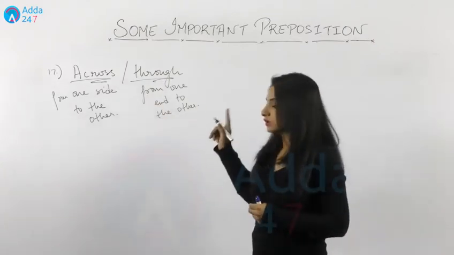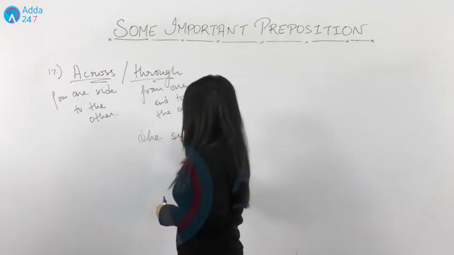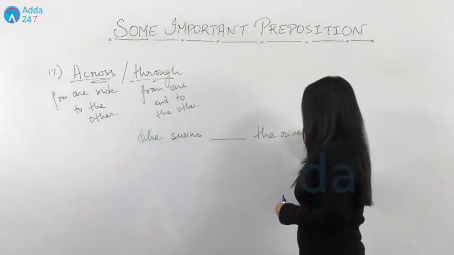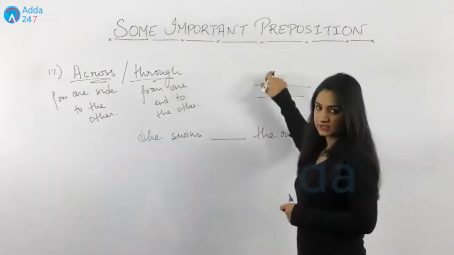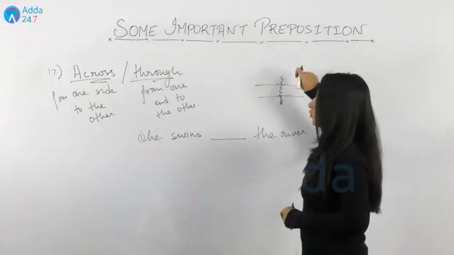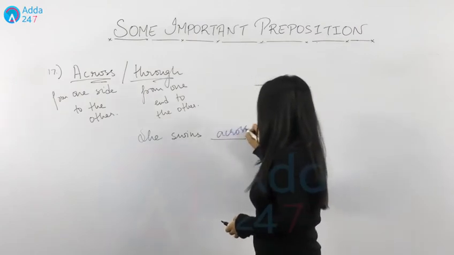That is what through is. For example, if I say, she swims dash the river. Now you know river has two sides, one and the second one. So she will move from one side and go to the other side. That is why we'll place across with it.